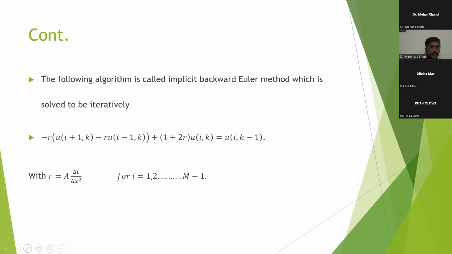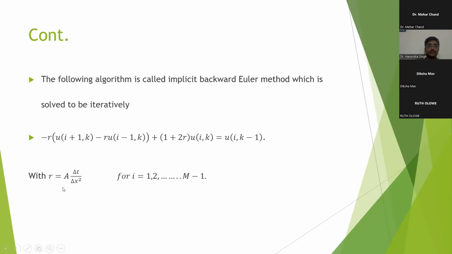Here again r is delta t upon delta x squared, and the main point about the implicit backward Euler method is that it is unconditionally stable. You can take any values for delta t and delta x, and the solution will never blow up.